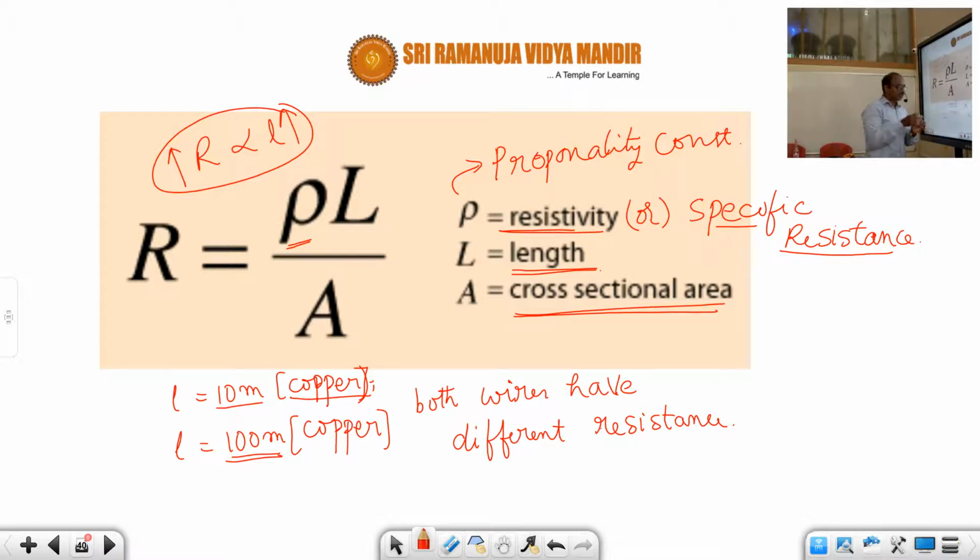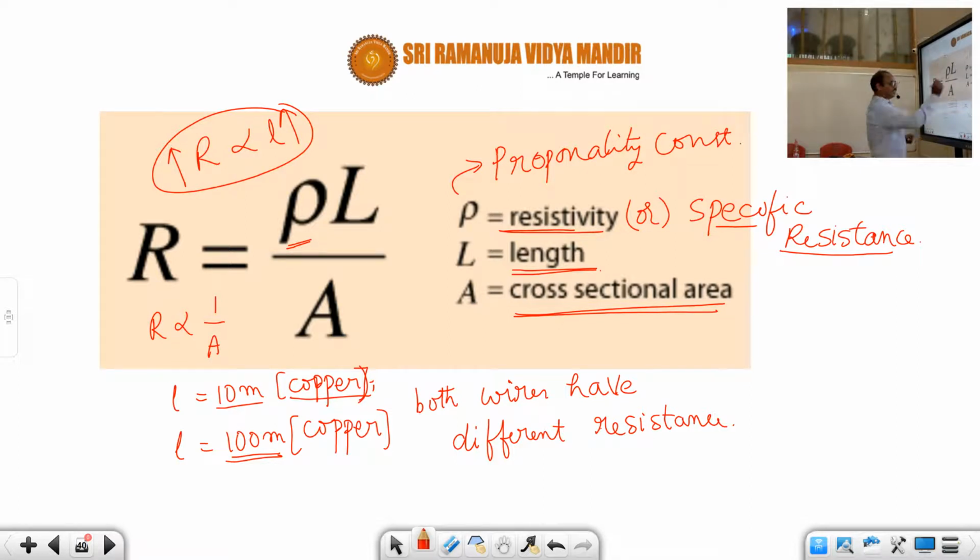After conducting experiments they gave these relations. Similarly, they kept different areas in the electrical wire with the ammeter, and by studying the electric current they gave one more relation: R is inversely proportional to the area of cross section.